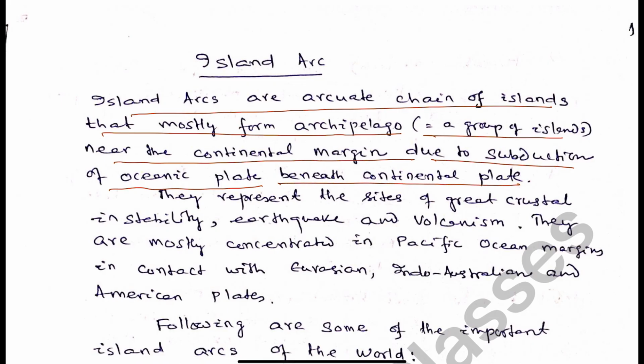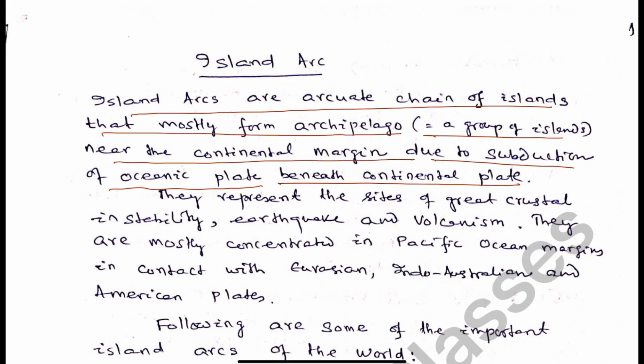So it is a feature found at the convergent boundary zones where an oceanic plate goes down below a continental plate, as a result of which chains of mountains or chains of islands are created.